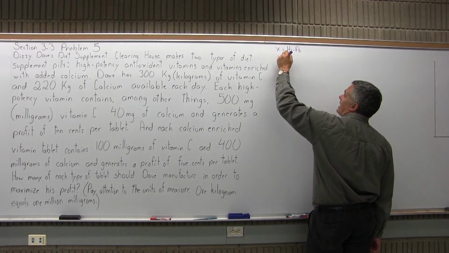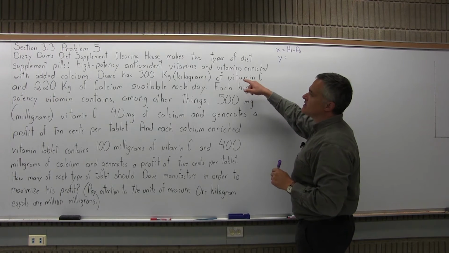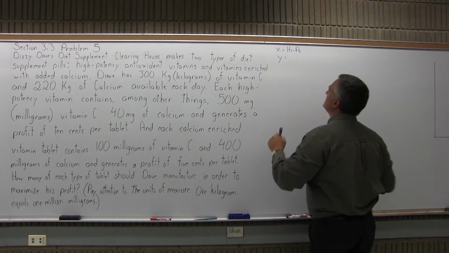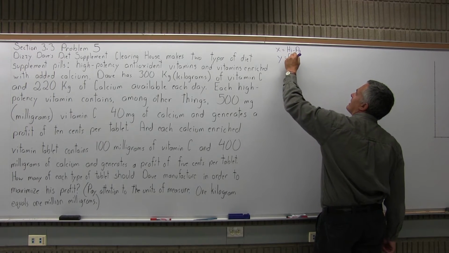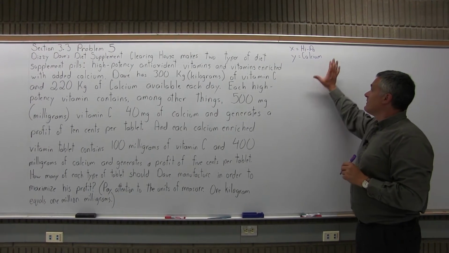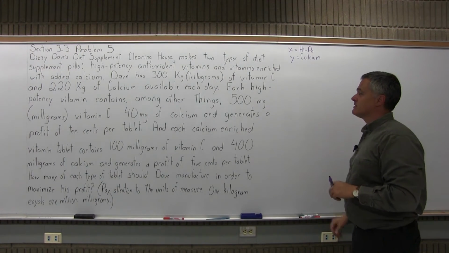And then Y is the other one, vitamins enriched with added calcium. So I'll just put calcium. So that's step 1, identify your variables. It's 2 things being made, the 2 types of pills.